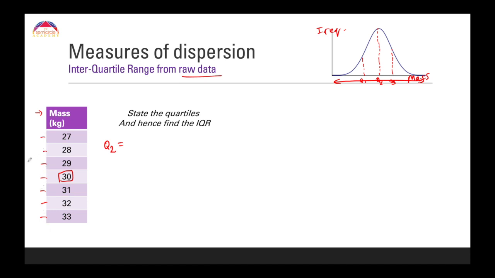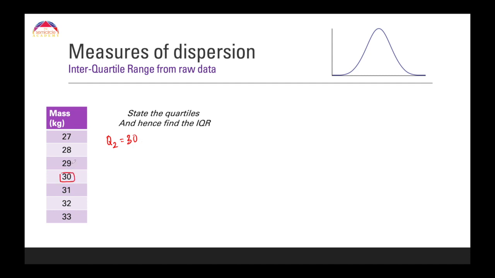And because we're dealing with an odd number, it's easy to see the median being the one smack in the middle. Look, I have 3 data values on this side and 3 data values on this side. So the median is smack in the middle there. So I can see now that my Q2 is simply 30, 30 being the one in the middle.